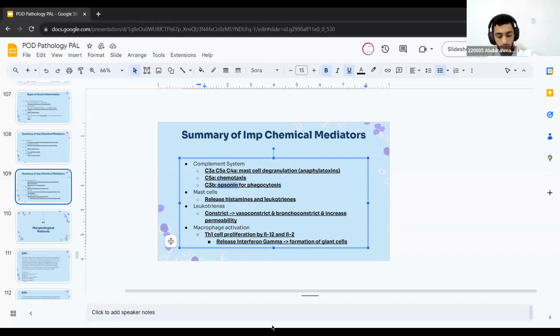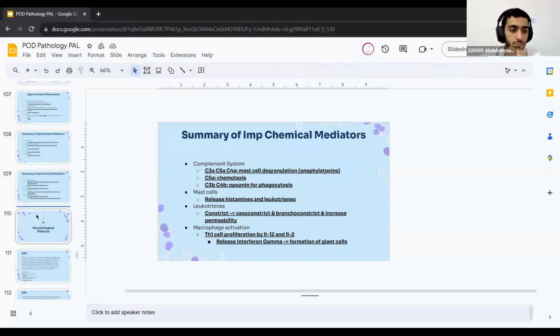Also, on my notebook, it says that C4B acts as an opsonin for phagocytosis, but C3b is the main effector. So 3A, 4A, 5A are anaphylatoxins. C5A is a chemotaxin, and C3b and 4B are going to be for opsonization. Right. So any questions, guys?